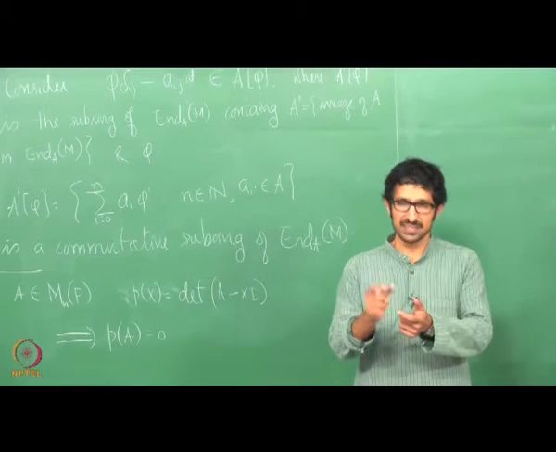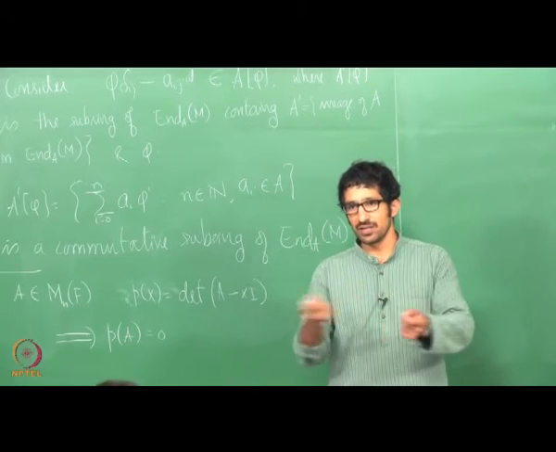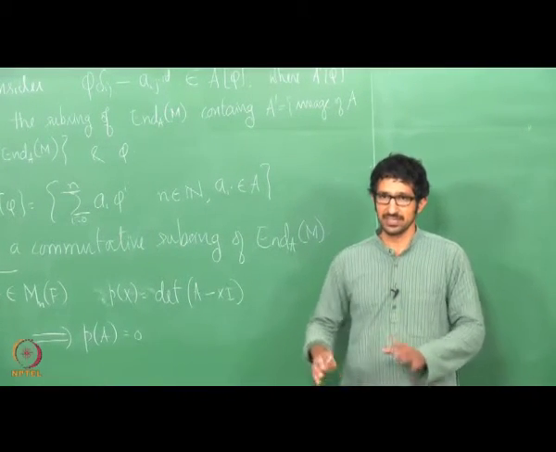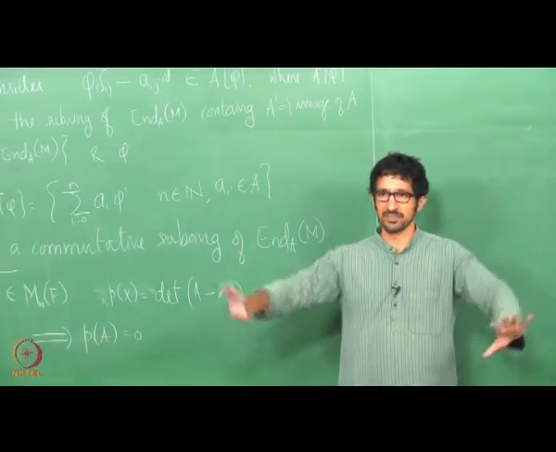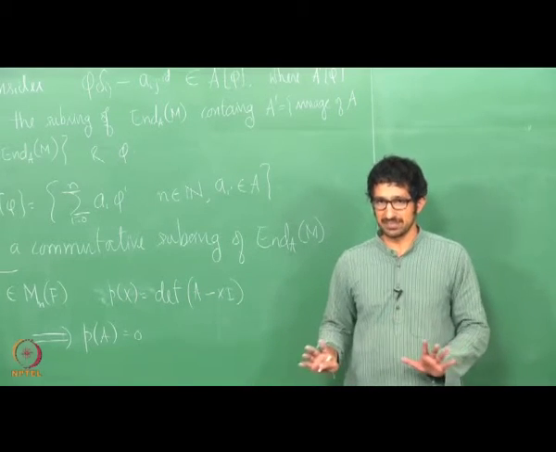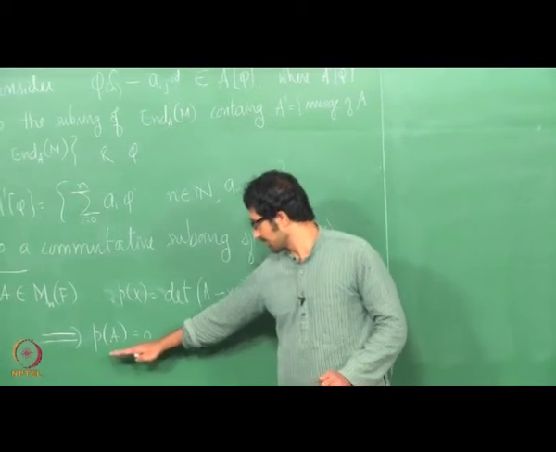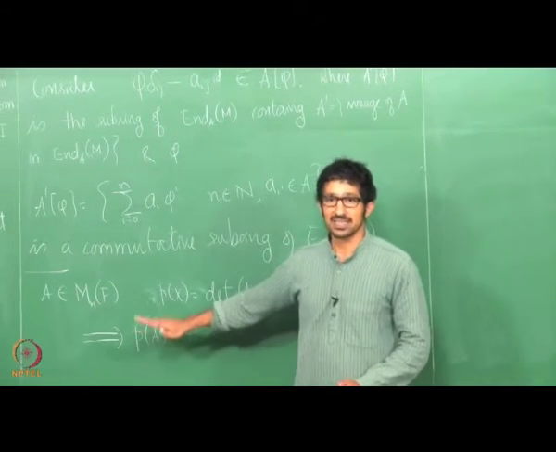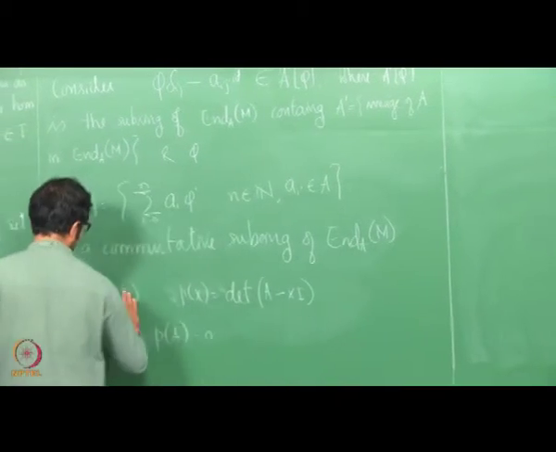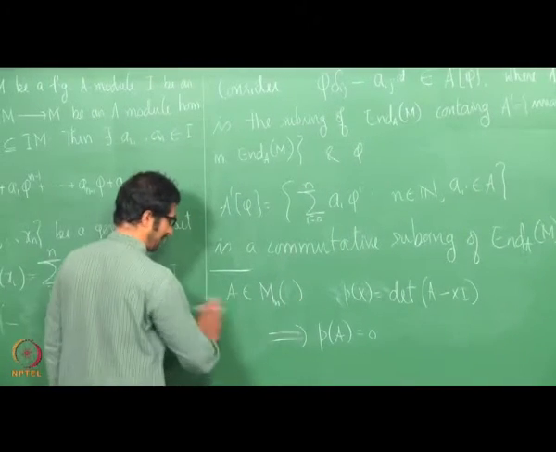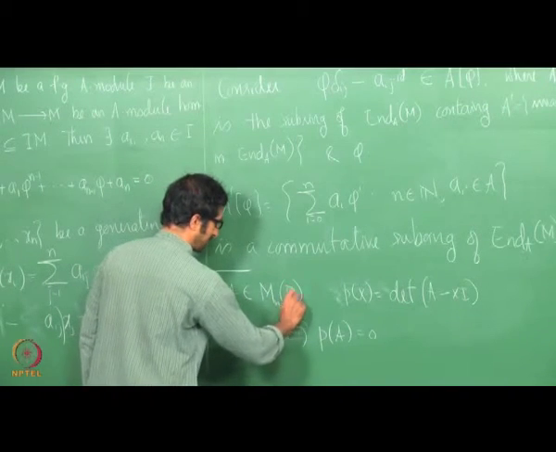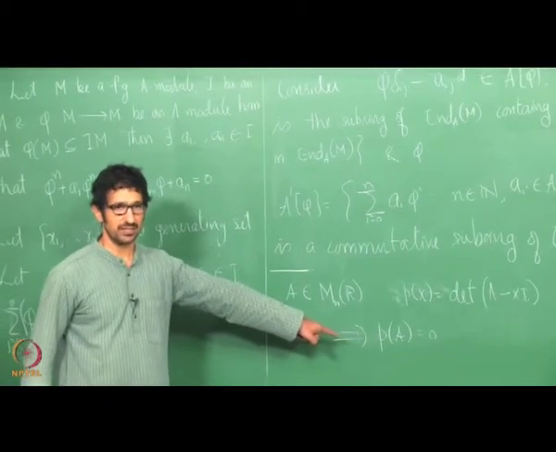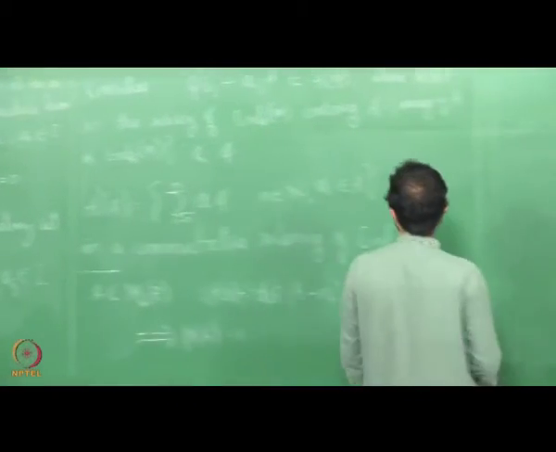What is needed is commutativity. You need to multiply elements and switch them accordingly. When you take the determinant and expand, for that you need commutativity. So the only assumption needed for this statement to be true is that the ring is commutative. If I replace this by a commutative ring R, the statement is still true.